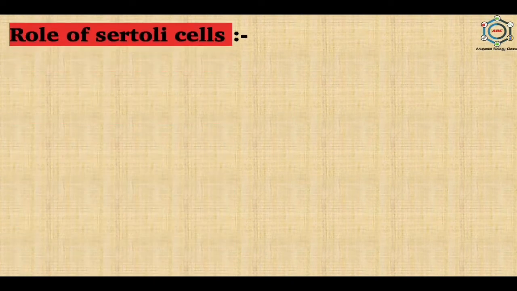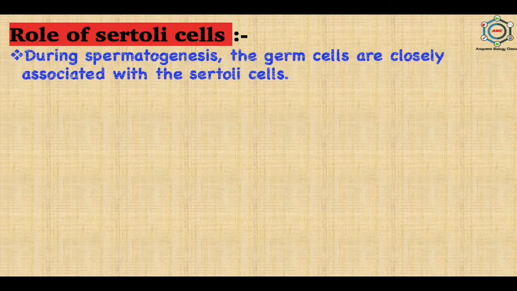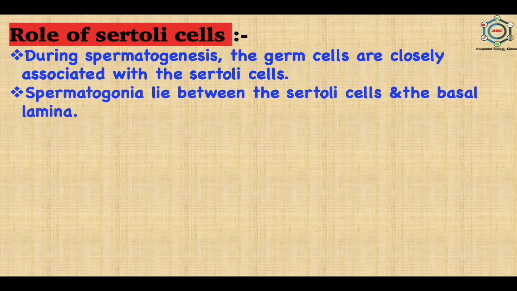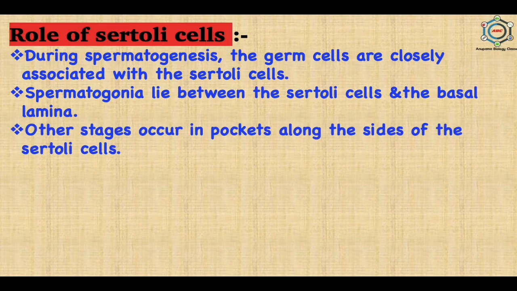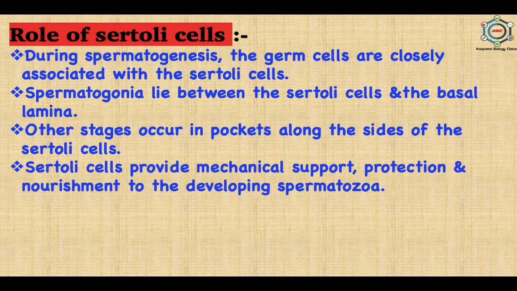Now, what is the role of Sertoli cells? During spermatogenesis, the germ cells are closely associated with the Sertoli cells. Spermatogonia lie between the Sertoli cells and the basal lamina. Other stages occur in pockets along the sides of the Sertoli cells.